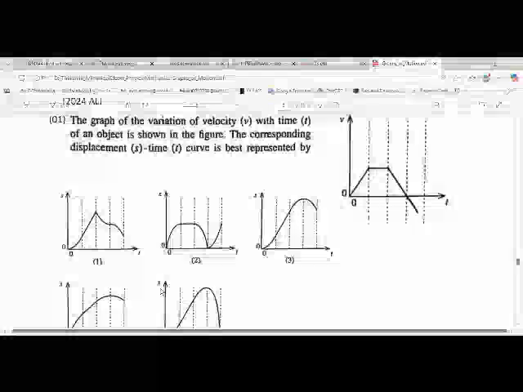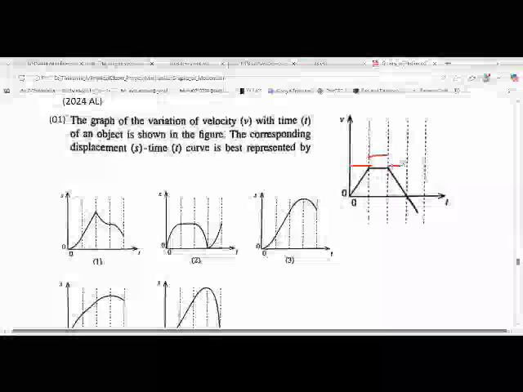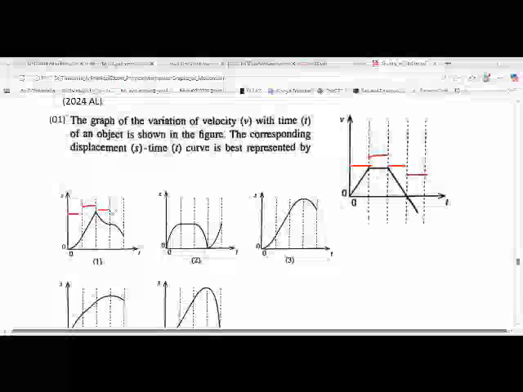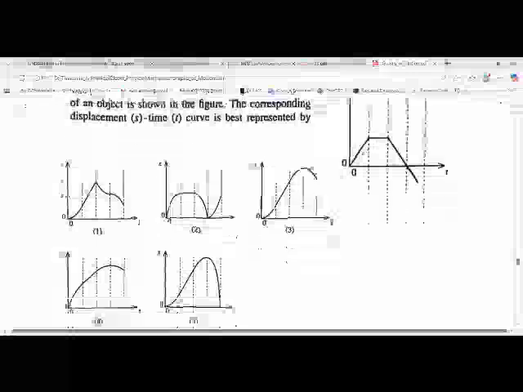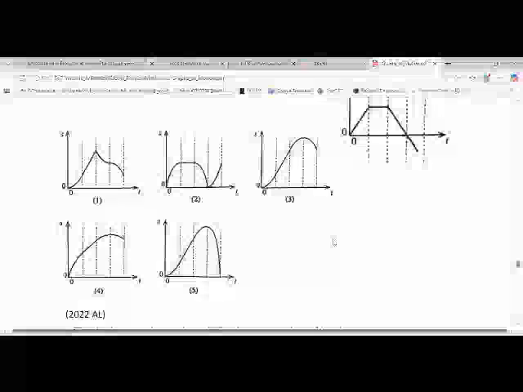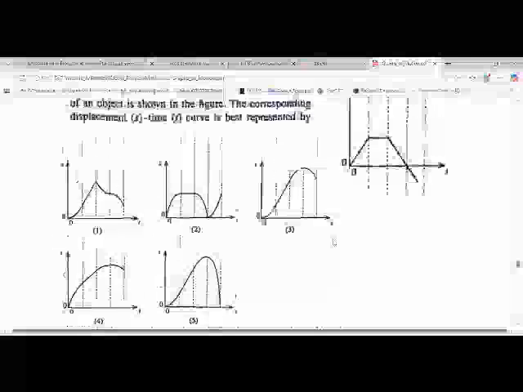Then you must consider these time periods. Here you can see 4 periods. Separated into 4 periods. Also here you can see it separated into 4 periods. Okay. Then you must compare each period. Okay, each time period. In the first period, the first period represents this velocity time graph.